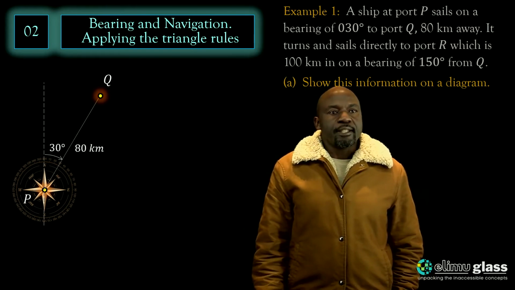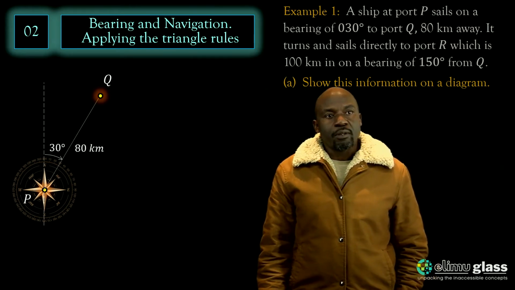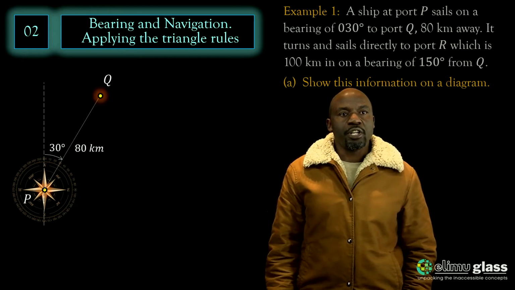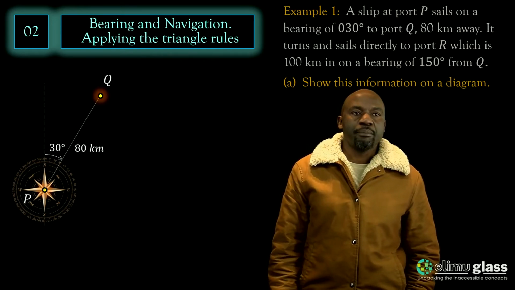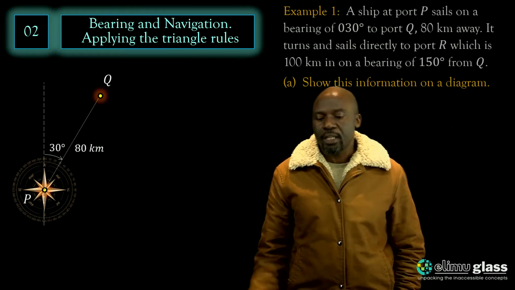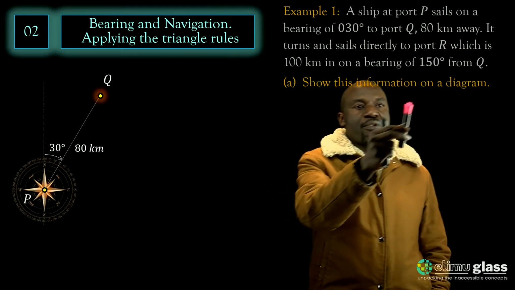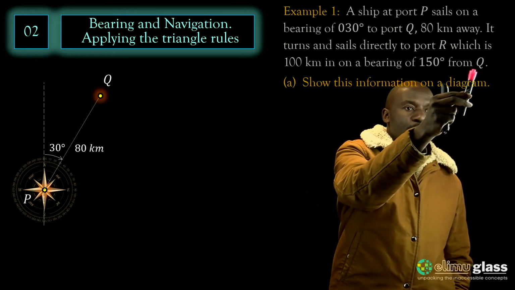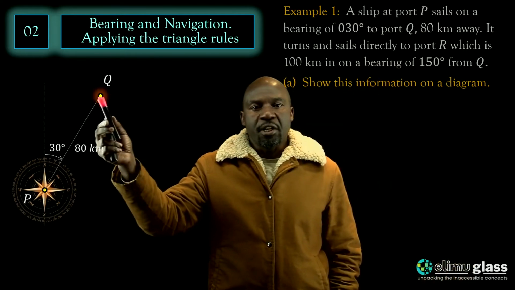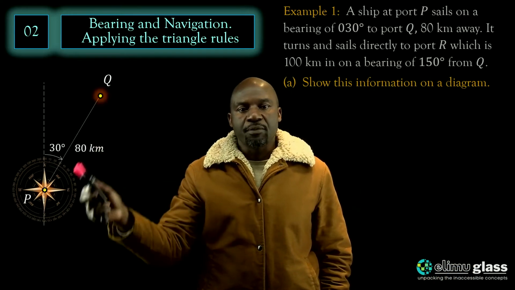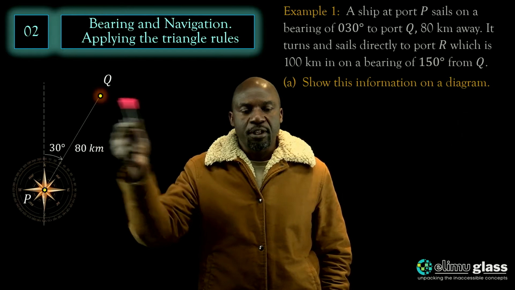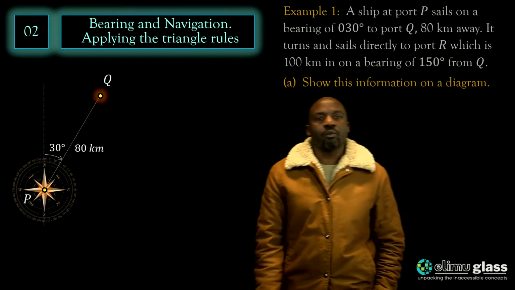It turns and sails directly to another port, R, which is 100 kilometers on a bearing of 150, but this time it is from Q. So that means we will be measuring 150 standing here. We have to bring our compass needle to this point and measure that 150 from there.